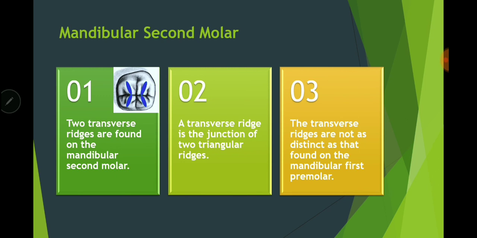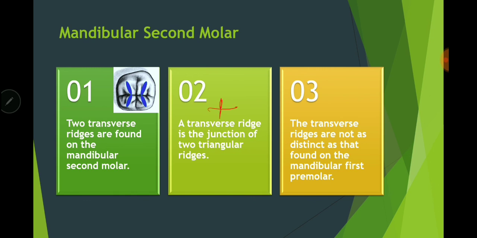The mandibular first molar has no transverse ridges, but the mandibular second molar has two transverse ridges, and they are also found in the mandibular second premolars. A transverse ridge is the junction of two triangular ridges.